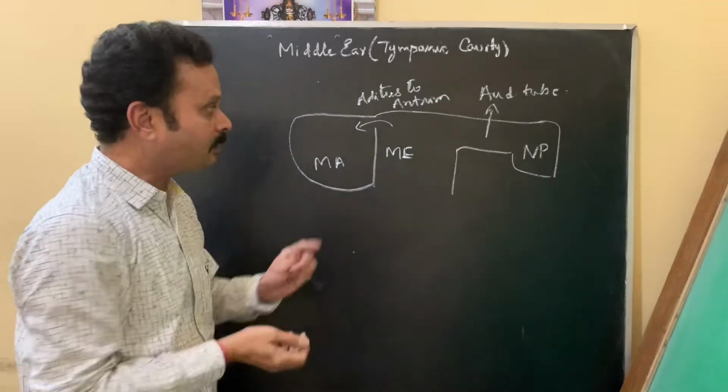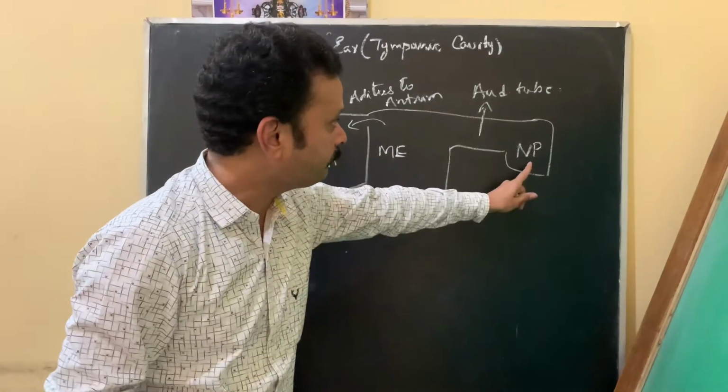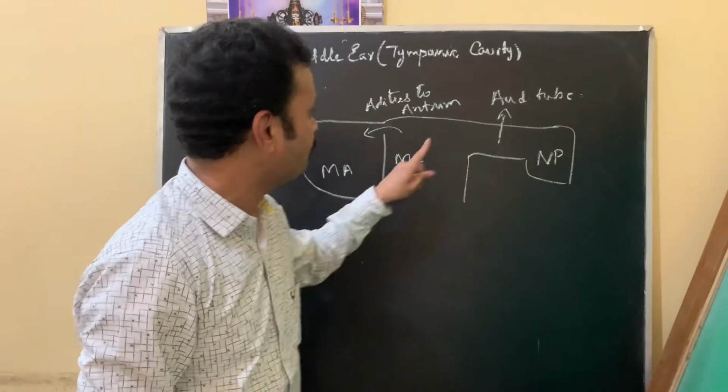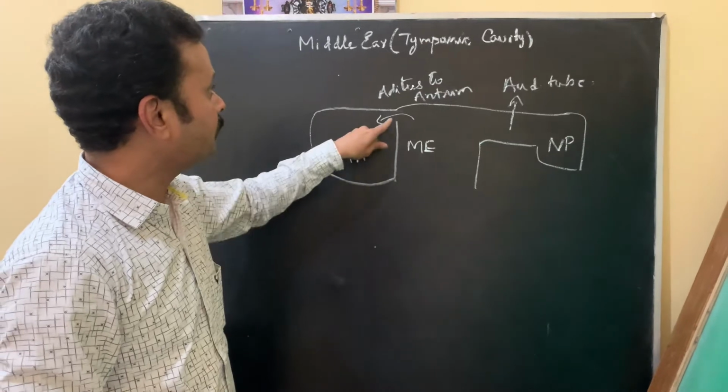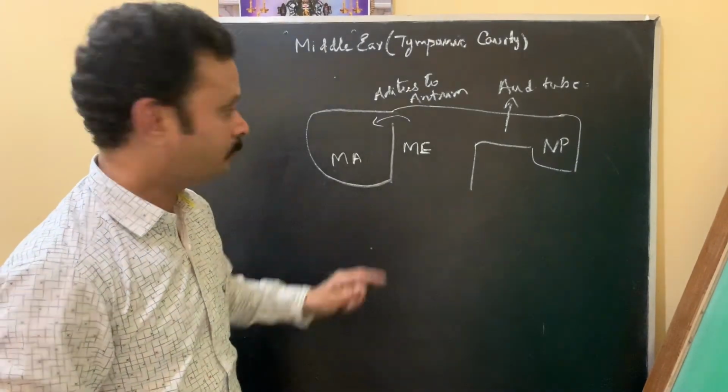Okay, so these are the communications: in front with the nasopharynx through auditory tube, behind with the mastoid antrum through auditus to antrum.